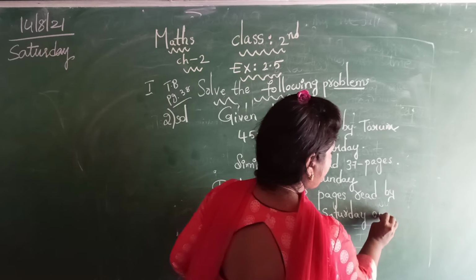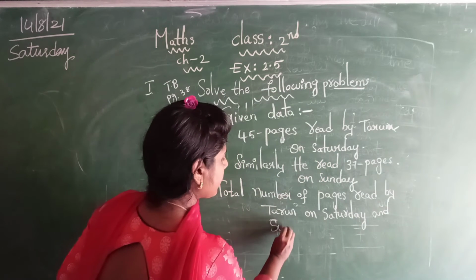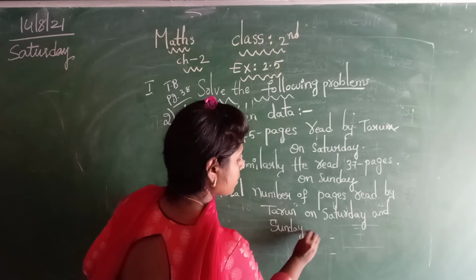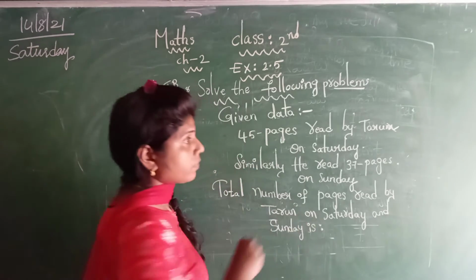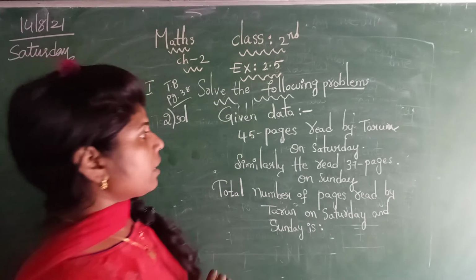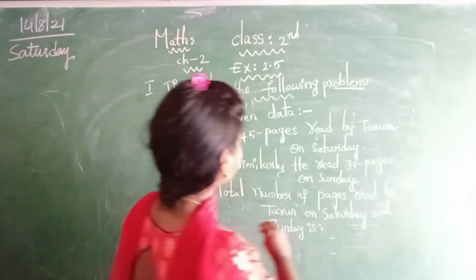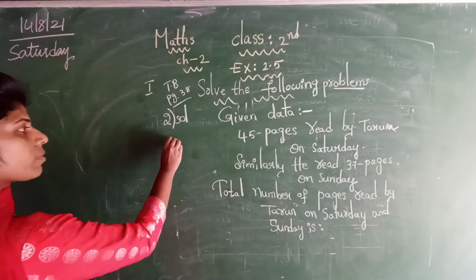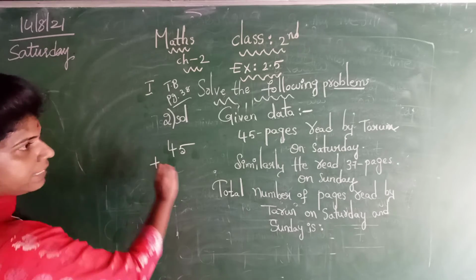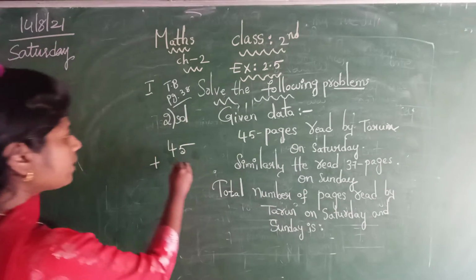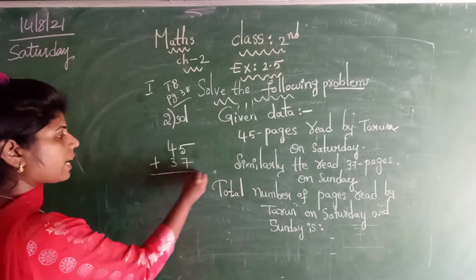What do we have to do? You have to perform addition. What is the addition here? 45 plus what is the number given here? 37. So do the addition.